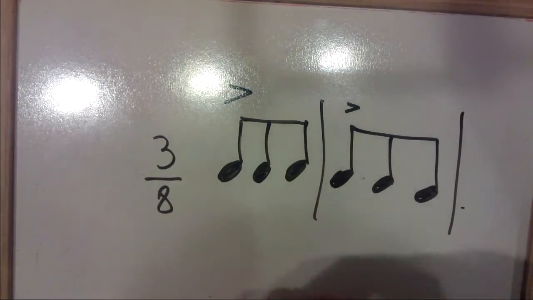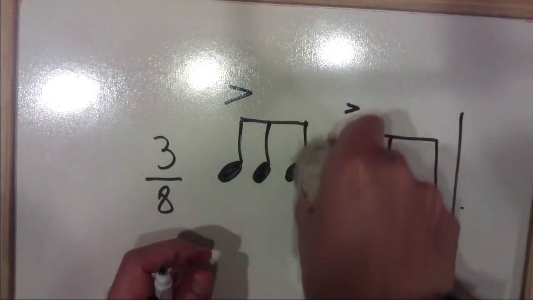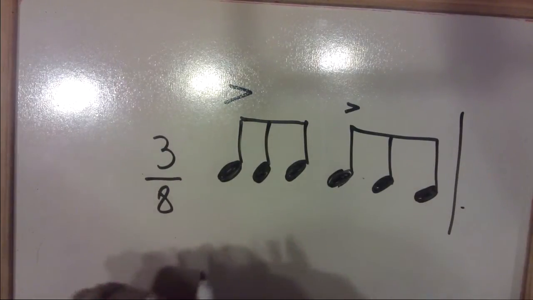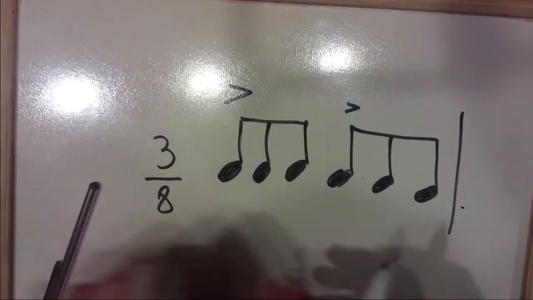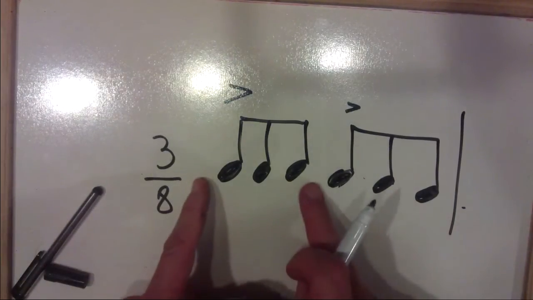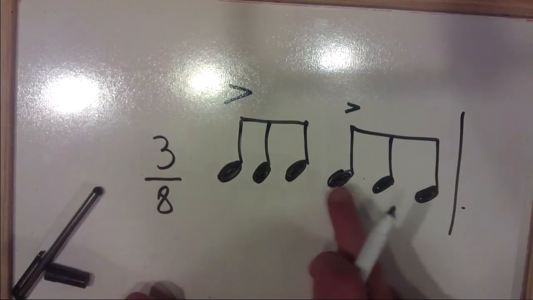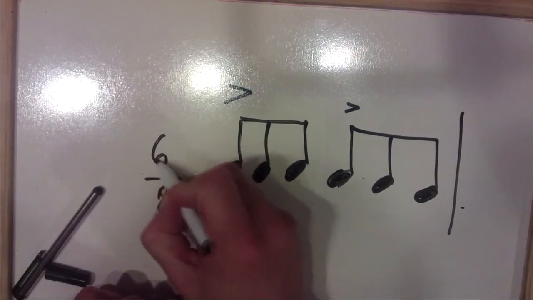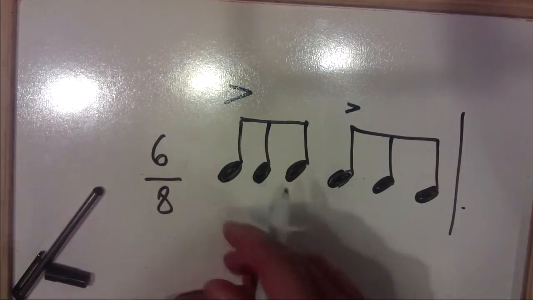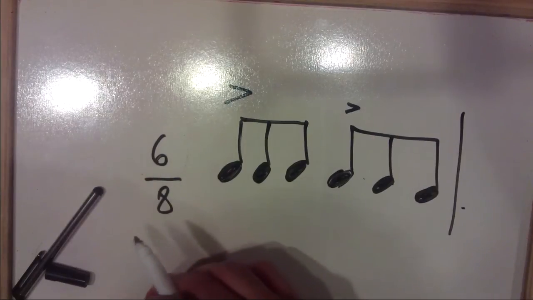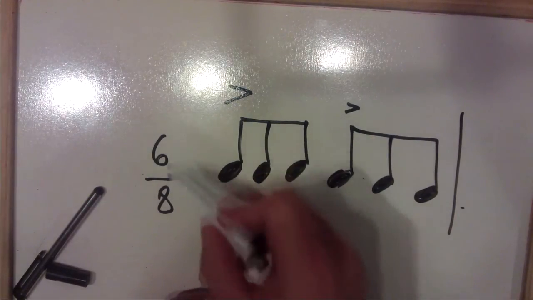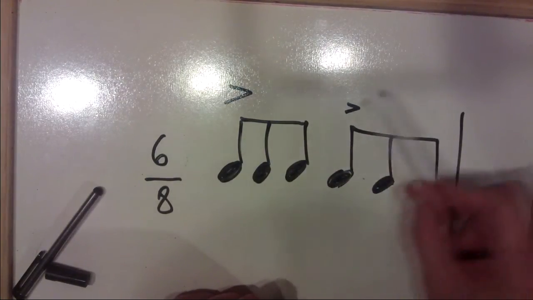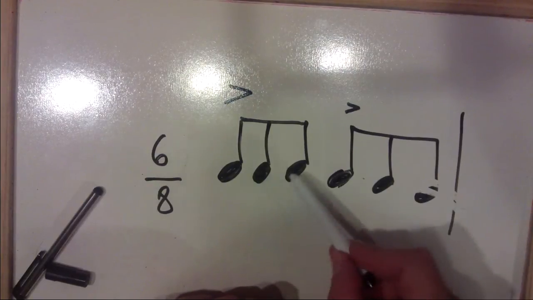So, if we erase the bar here, we could replace that number 3, because now, instead of having 3 in the bar, we have 1, 2, 3, 4, 5, 6. And we replace that by a 6. And we have here a compound time signature, a 6 by 8, that is actually 2 groups of 3 notes.